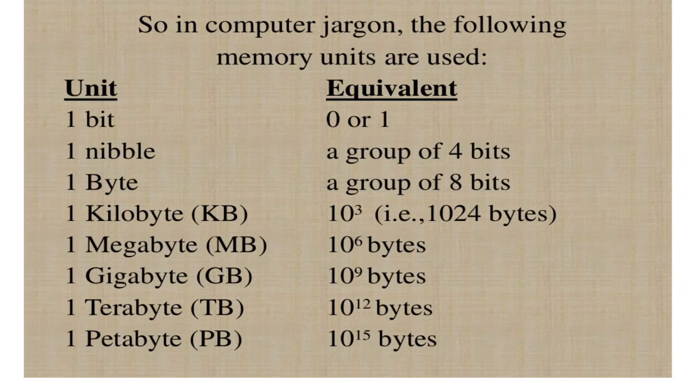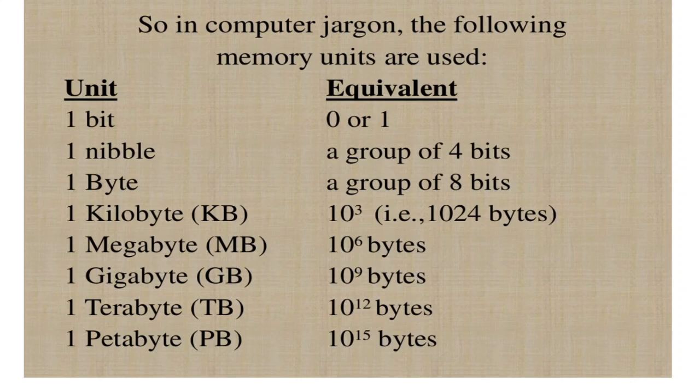So you can say a nibble is a half byte. 1 byte includes a group of 8 bits, a binary number between 8 zeros and 8 ones. It is represented by uppercase B, whereas 1 bit is represented by lowercase b.